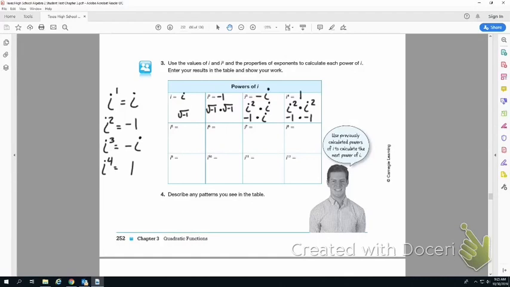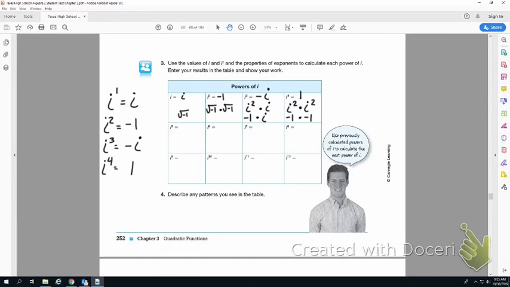If I have 1 times whatever, is that really affecting what I'm multiplying 1 by? No, 1 times 7 is going to be 7. 1 times negative 4 is going to be negative 4. 1 times dog is dog. It doesn't matter what I'm multiplying 1 by, it stays the same.